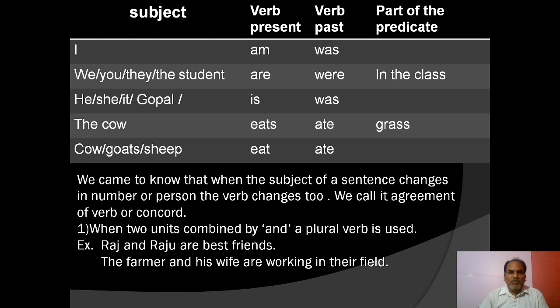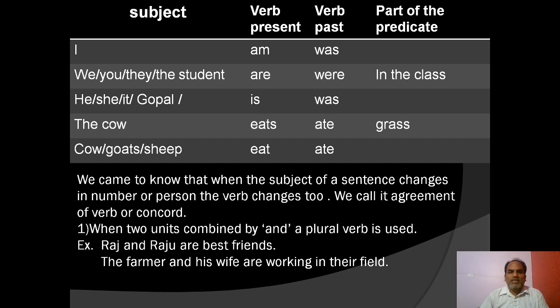And if the subject is we, you, they, the students, the verb is are in present and were in past, in the class. If the subject is he, she, it, Gopal, the cow, it is third person singular number. So in present it is is, and in past it was.